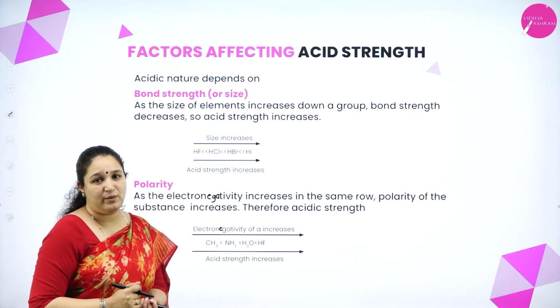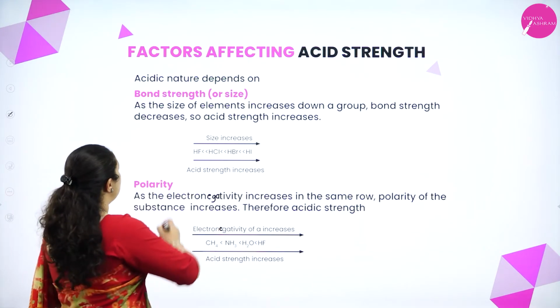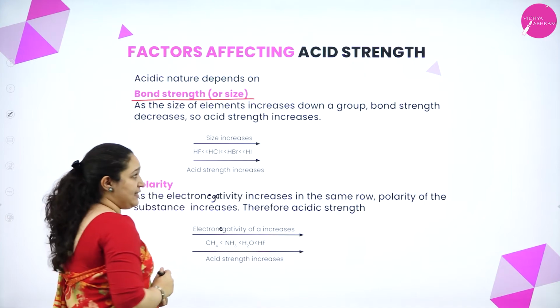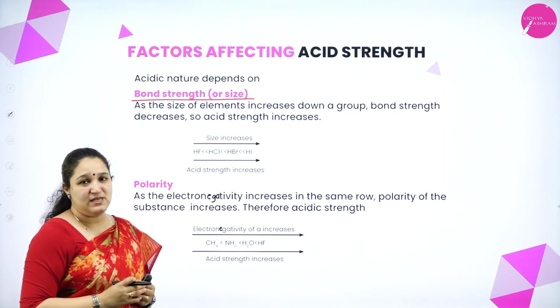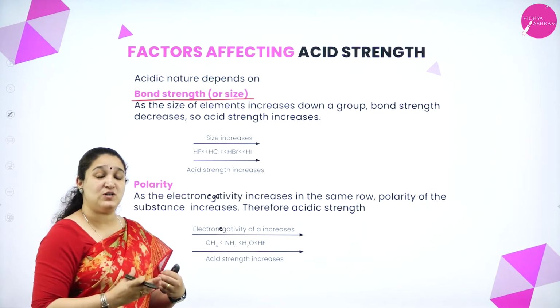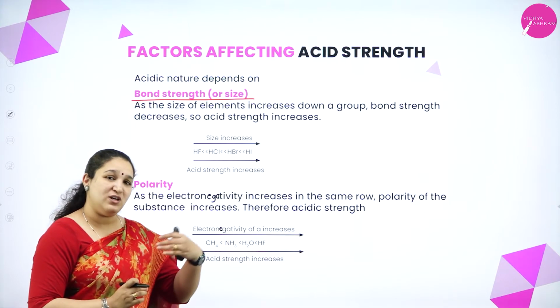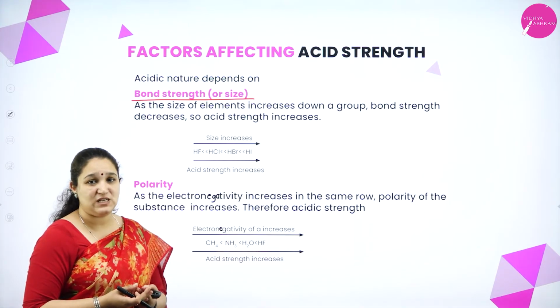Next, we are going to learn about the factors affecting the acidic strength. First one is bond length or size. Now, what happens is, as the bond length increases, it becomes very easy for us to break a bond. And when it is easy to break a bond, donation of a proton also becomes easy.